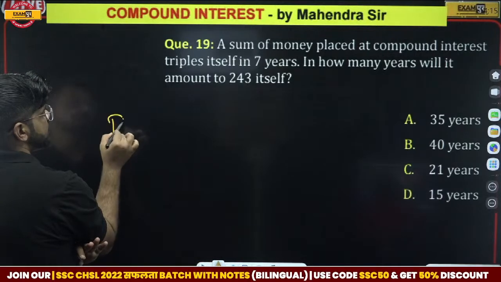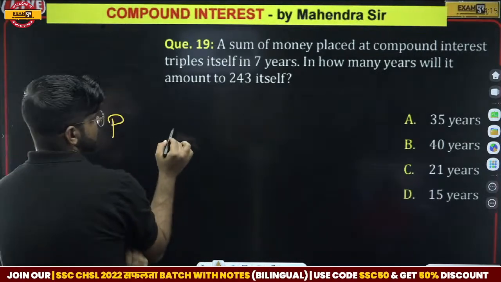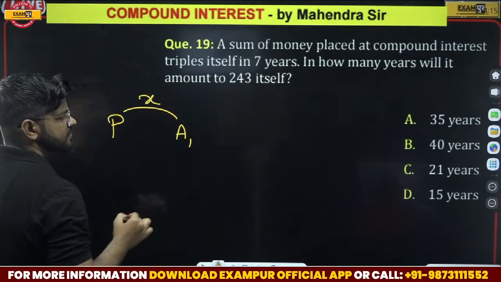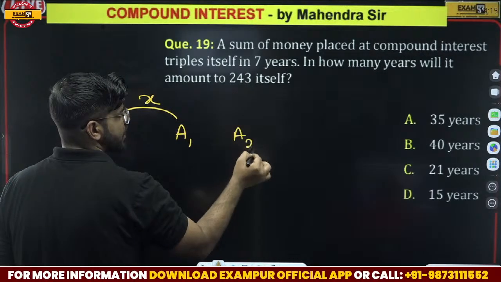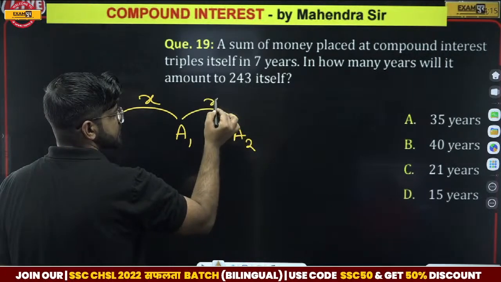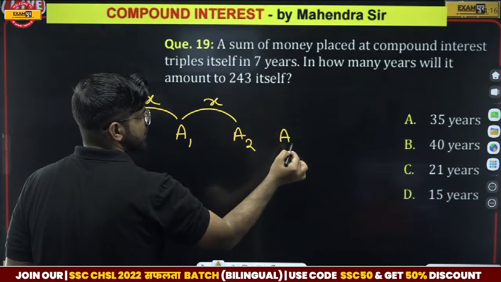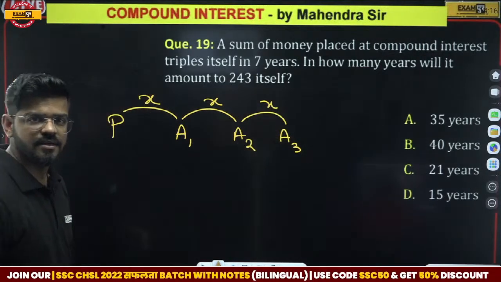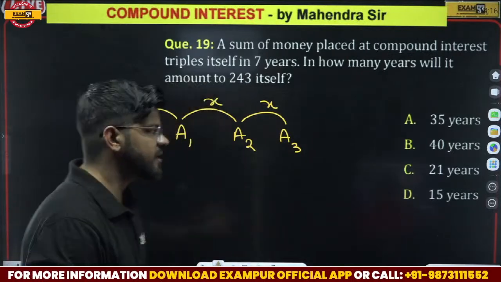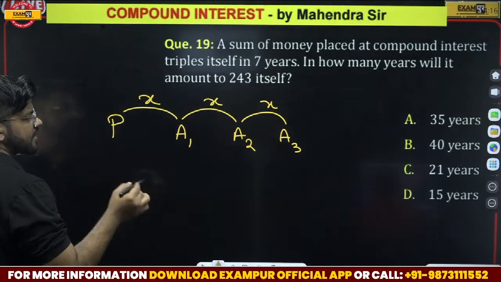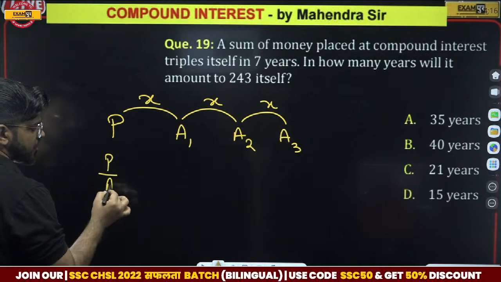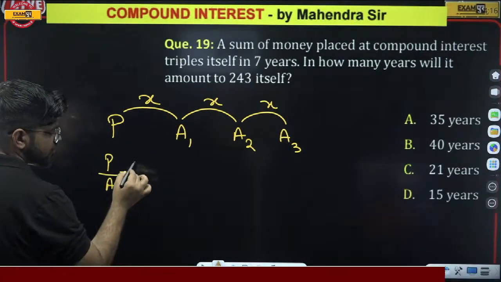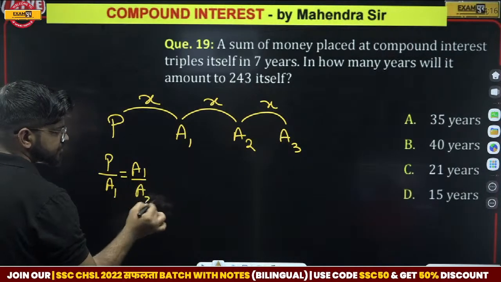If it is P, it will give you A1 in X years. It will give you A2 in another X years. It will give you A3 in another X years. If that happens, then in that case, P upon A1, that means the ratio of these two, is equal to A1 upon A2.